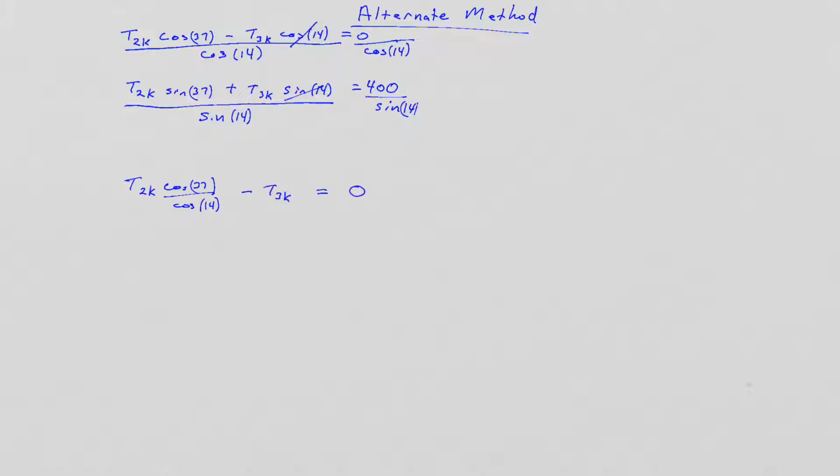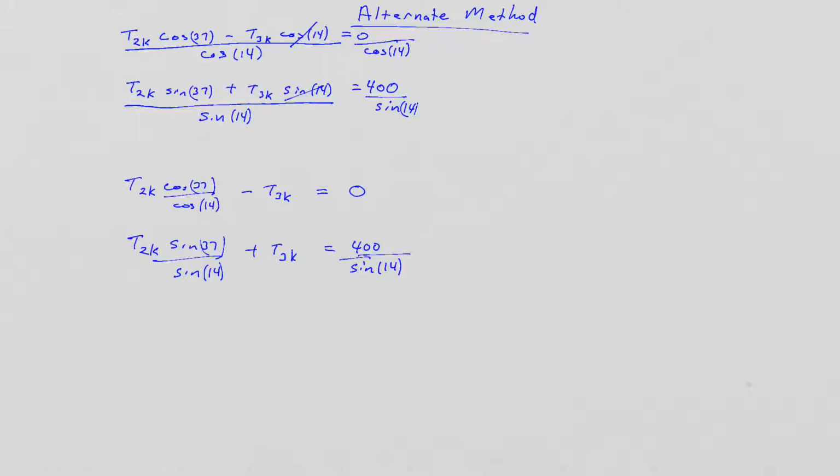The cosine 14 from up here has now gone away, and we're just left with the T3k, the negative sign still on there. The other equation becomes T2k sine of 37 divided by sine of 14 plus T3k equal to 400 divided by sine of 14. Again, you could just go through with your calculator and figure out the values of the sines and the cosines and carry the numbers instead.